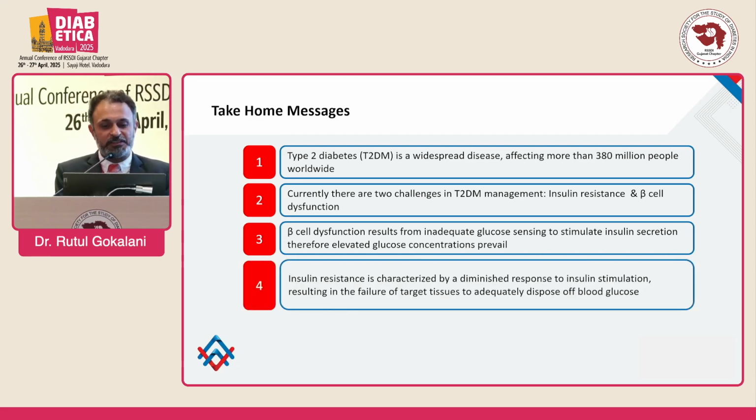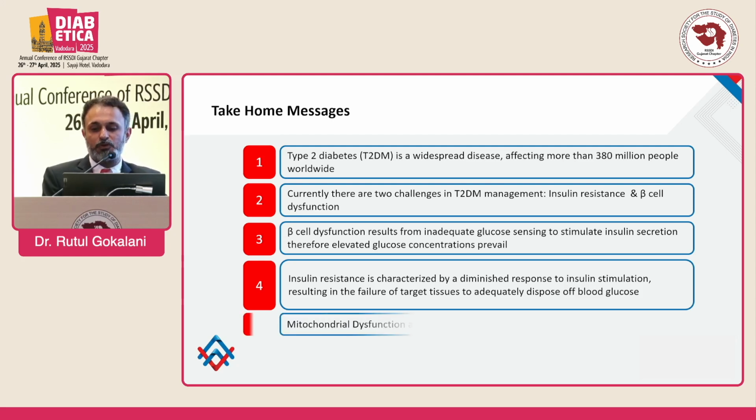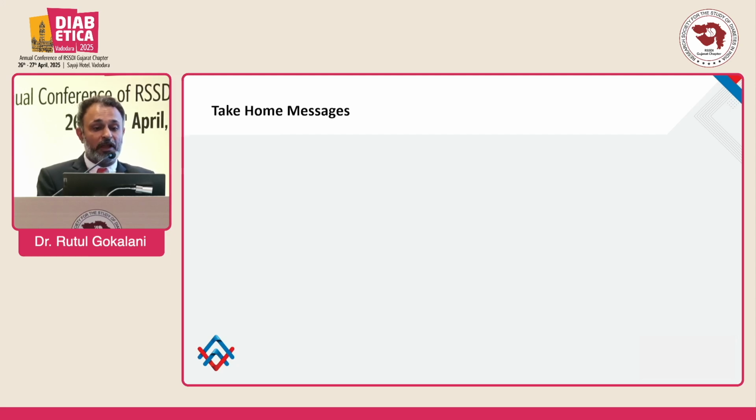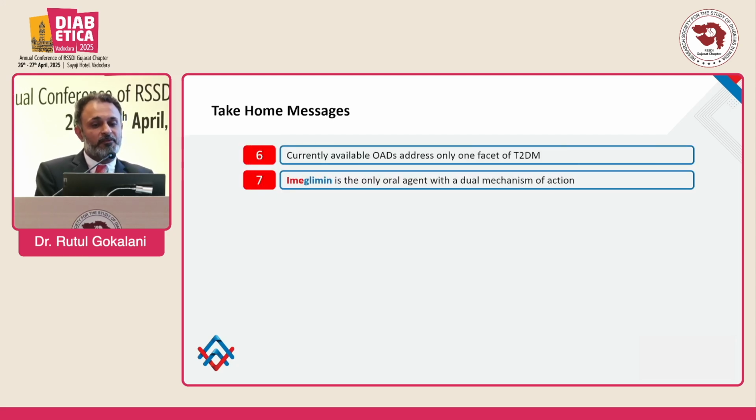Insulin resistance is characterized by a diminished response to insulin stimulation, resulting in failure of target tissues to adequately dispose of blood glucose, and mitochondrial dysfunction also leads to type 2 diabetes. And for that we have this molecule imeglimin, which targets the mitochondrial level, and it improves insulin secretion as well as insulin sensitivity.